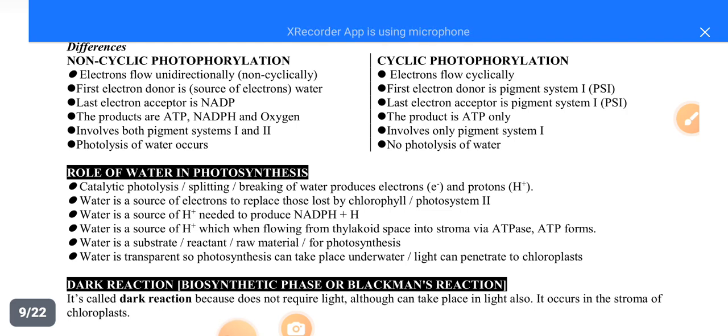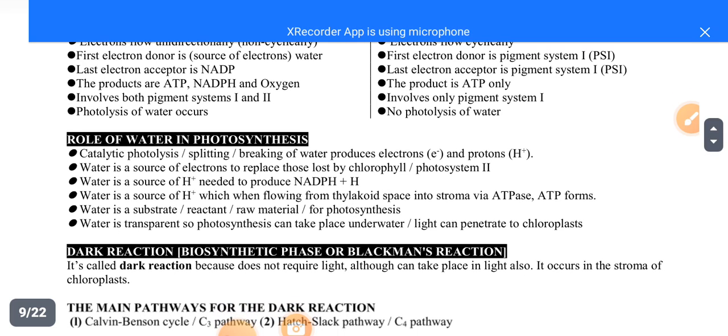Another one, water is a source of hydrogen ions, which when flowing from the thylakoid space into the stroma via the ATPase, form ATP. Water is a substrate, reactant, raw material for photosynthesis. Lastly, water is transparent, so photosynthesis can take place underwater. Light can penetrate to the chlorophyll.